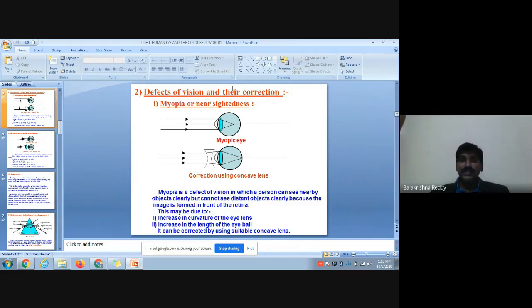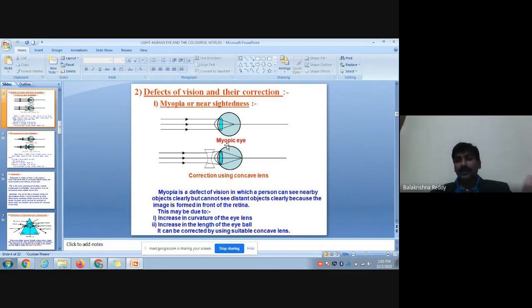The first case you are seeing here is myopia, or nearsightedness. Myopia, nearsightedness, is a common eye defect. Out of 10 people, almost 6 to 7 will get this. All these people can see near distance very properly, that's why it is nearsightedness, but they cannot see the far distance.